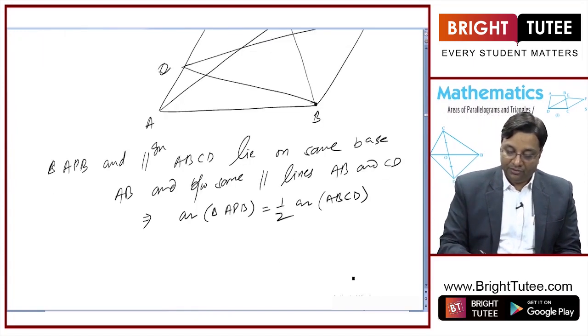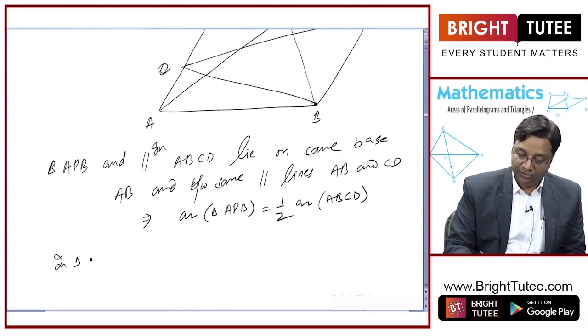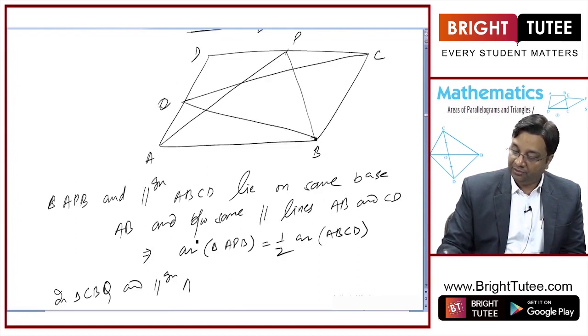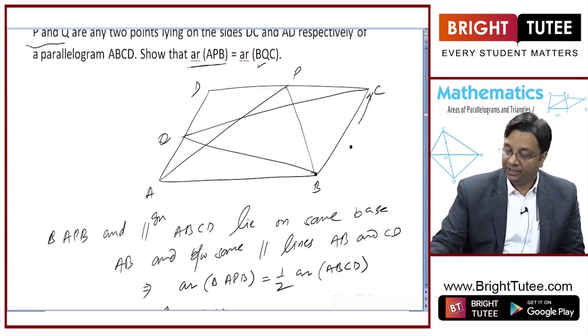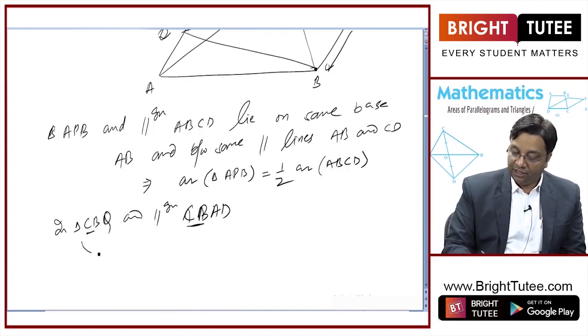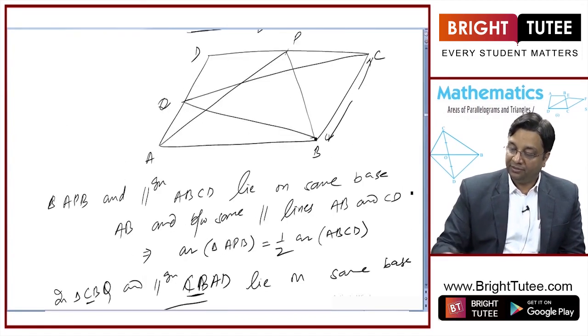Now, in triangle CBQ and parallelogram, let me start with CBAD, let me call it CBAD, so that you can relate that now I am talking about this base CB. Now, these two figures lie on same base. What is the base I am taking this time?